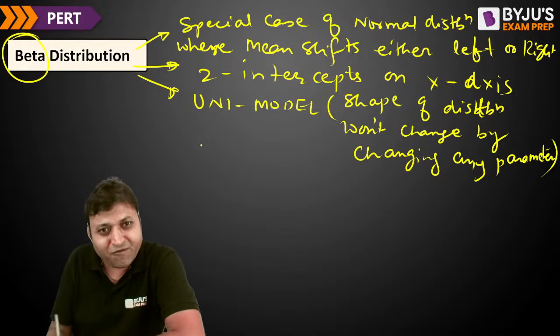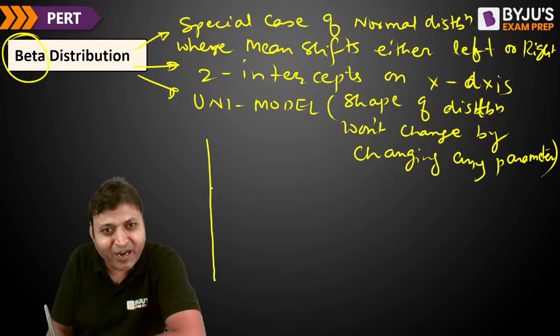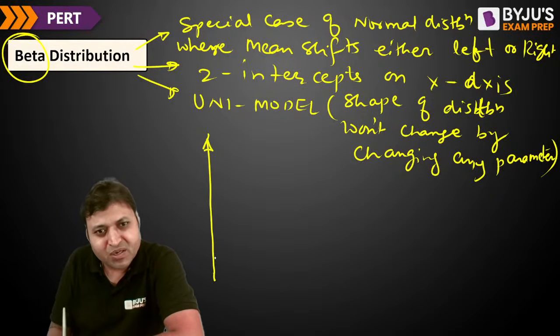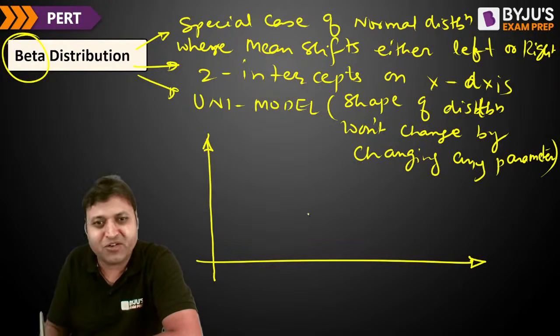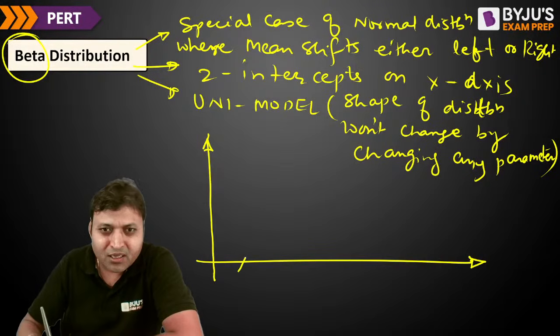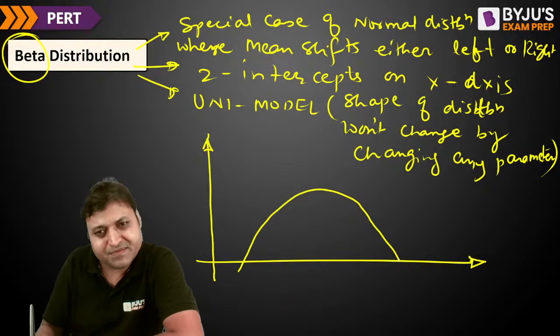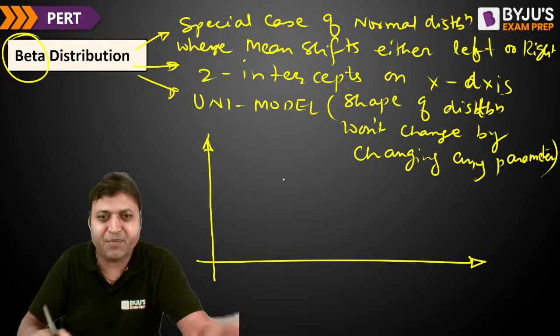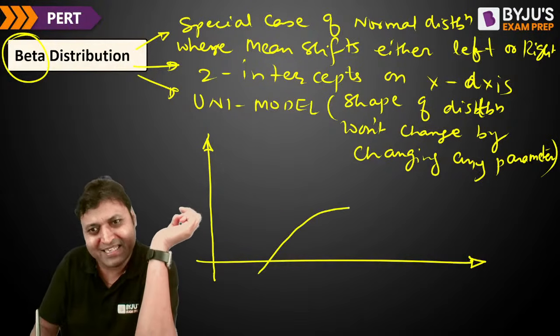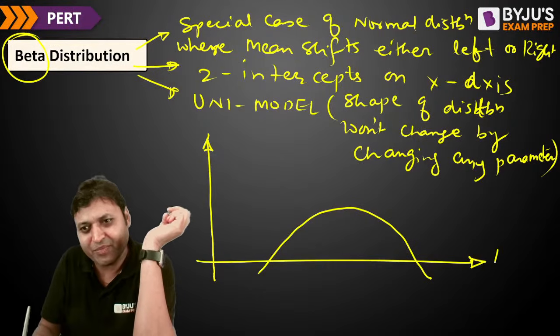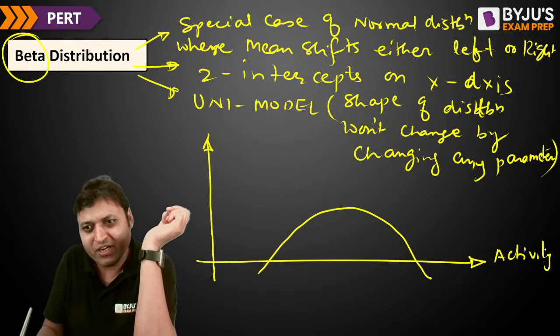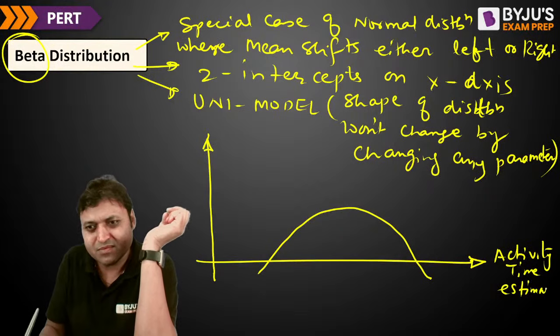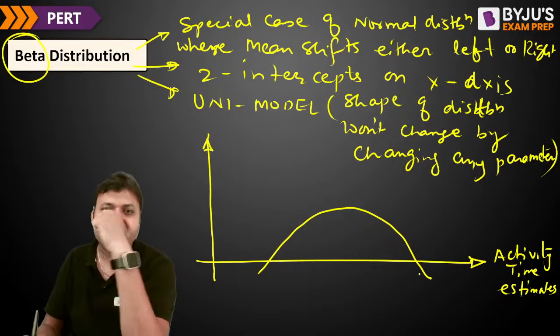All right. So if I show you the beta distribution for activity time estimates, this is how it will look. There are two intercepts on the x-axis. On the x-axis, it is the activity time estimate.